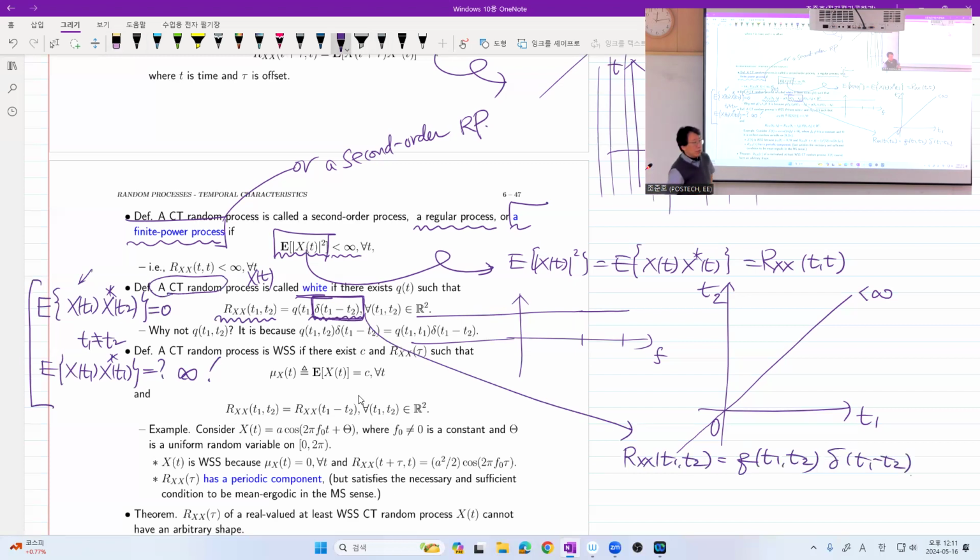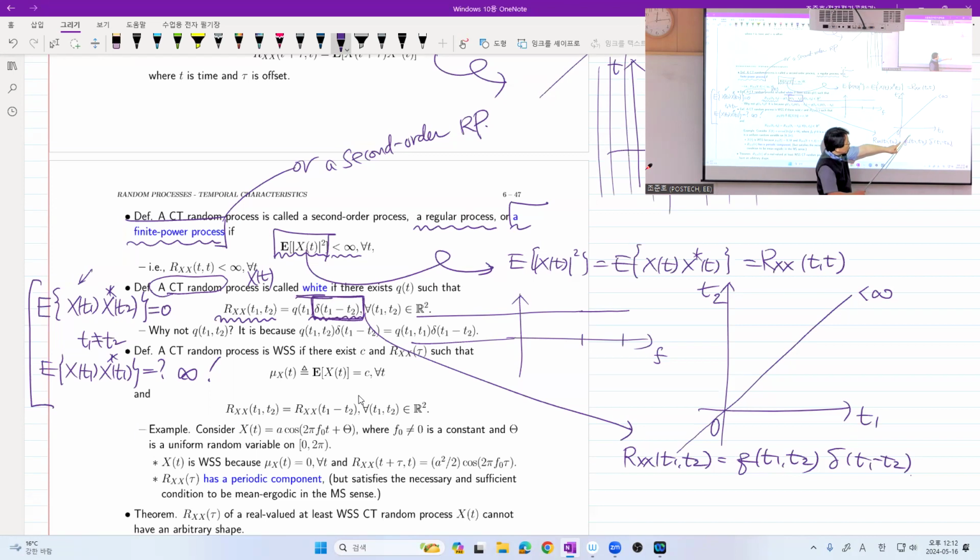However, as you already know from the experience of signals and systems, if you have a situation like this, the Dirac delta usually requires integration with respect to T1 or T2. In that case, what happens? Anyway, this will give you some value when T1 equals T2.